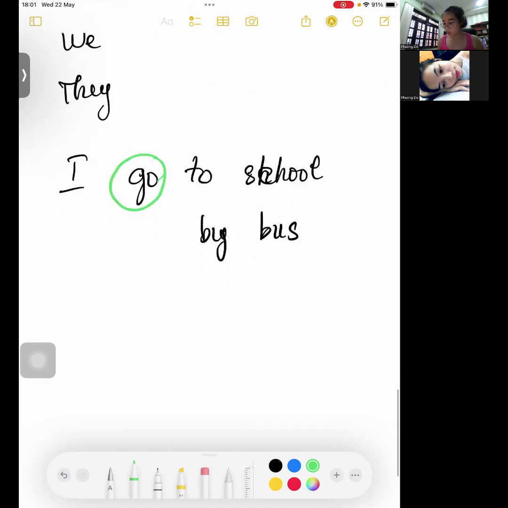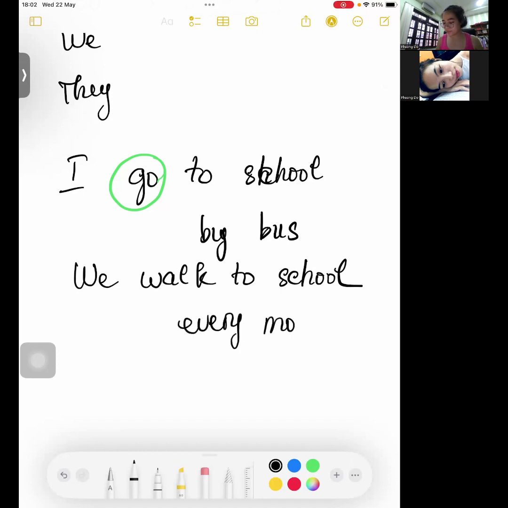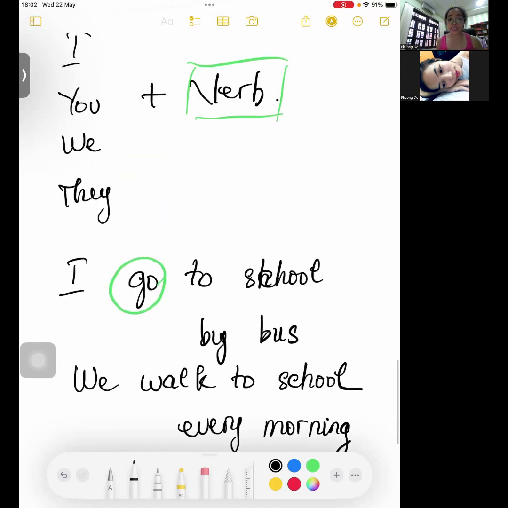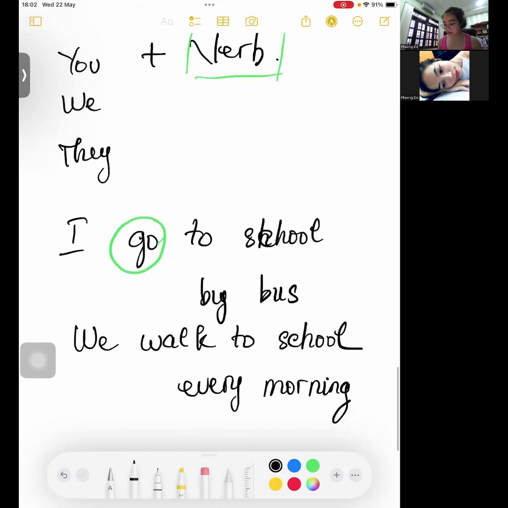Okay, we walk to school every morning. So the verb we have here is, yes, that's right, that is walk.